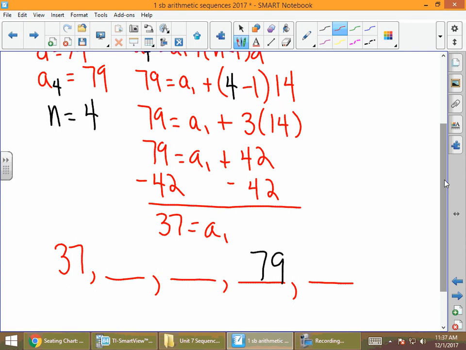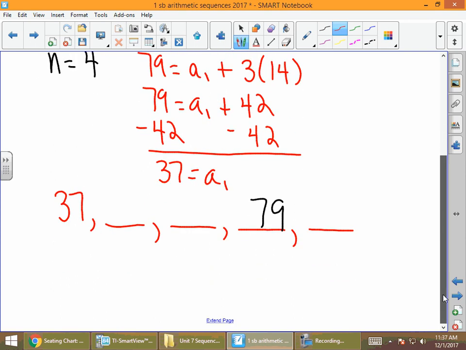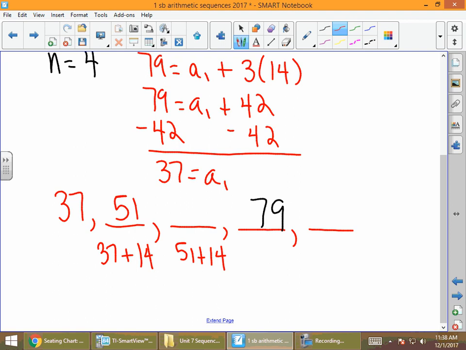And we can check this as we go along. Remember, as we move to the right, what's happening is we're going to add our common difference, and our common difference is 14. So 37 plus 14 is 51. 51 plus 14 is 65.